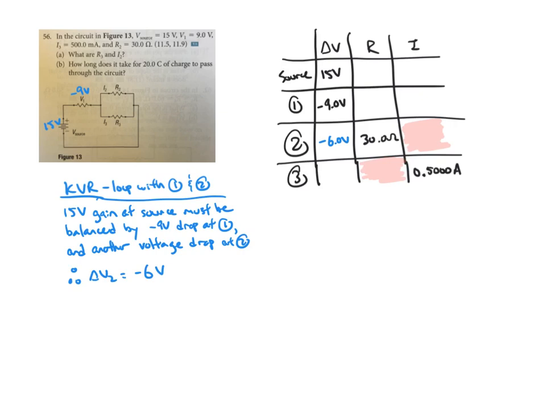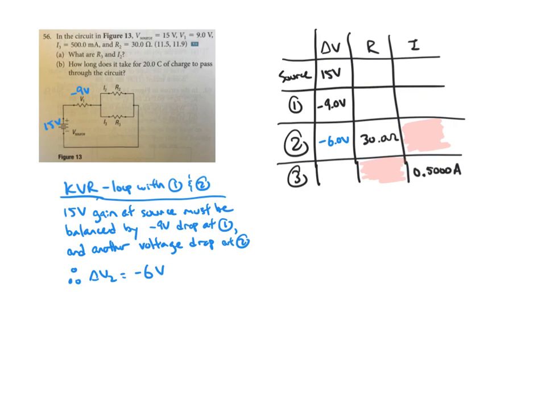And voltage 3 would be the same argument, really. So instead of going through the loop with load 2, what if I look at the loop with load 3? The same thing's going to happen. There's going to be a 15 volt gain at the battery, a 9 volt drop at load 1, and then it would have to be another 6 volt drop at load 3.